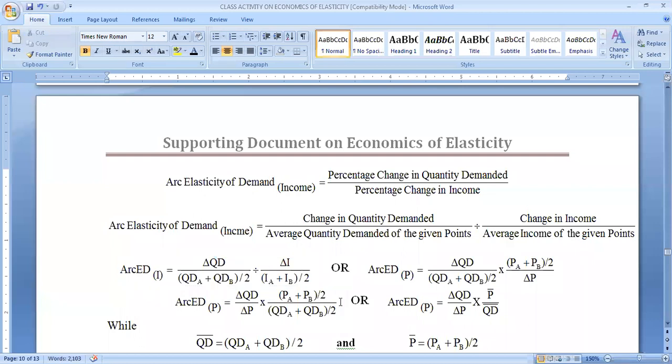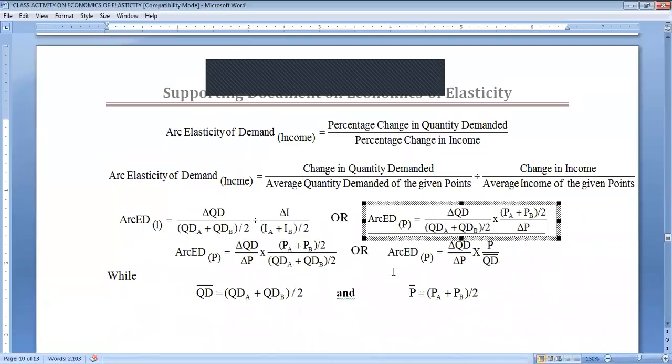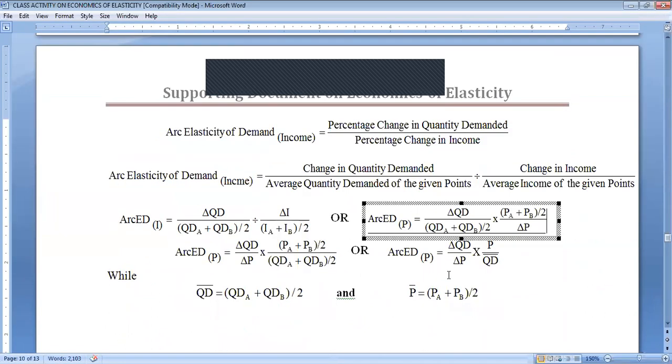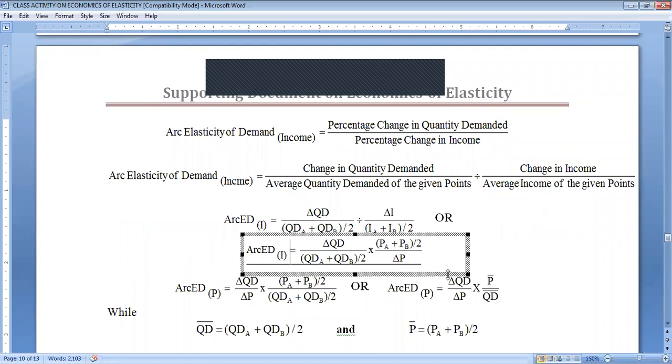Similarly, arc elasticity of demand with respect to income can be written as: the sign of division can be replaced with the sign of multiplication, and the price should be replaced with income.